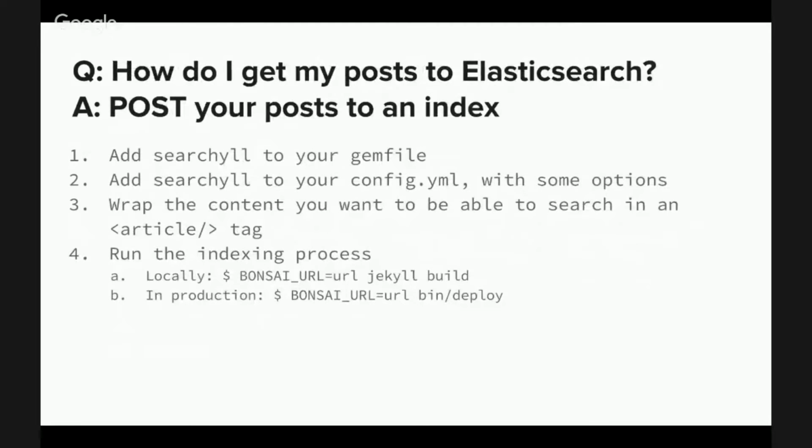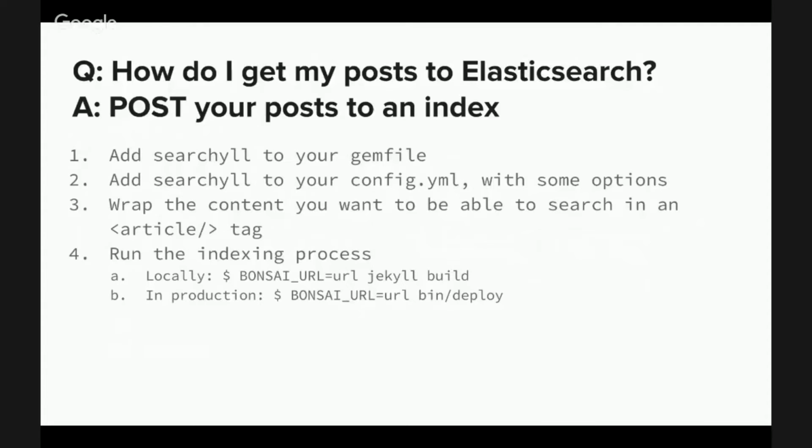So how do I send stuff to Elasticsearch? Elasticsearch works by posting all of your posts, everything in your data, to an index that you've created on your cluster. So the very basics to get everything into Elasticsearch is you're going to add the Searchable gem to your Gemfile. It's up on RubyGems, so it's really easy to add. You also need to add Searchable to your config YAML, and we have some options for your setup.